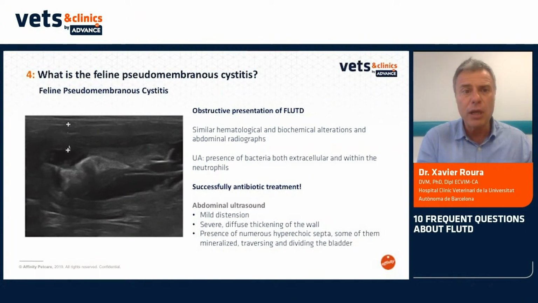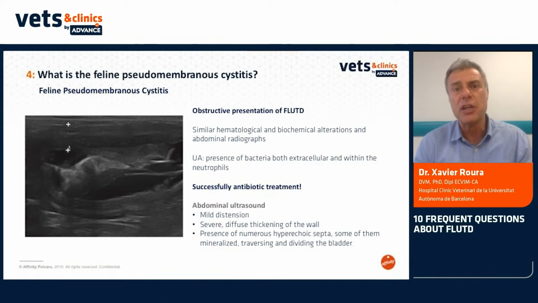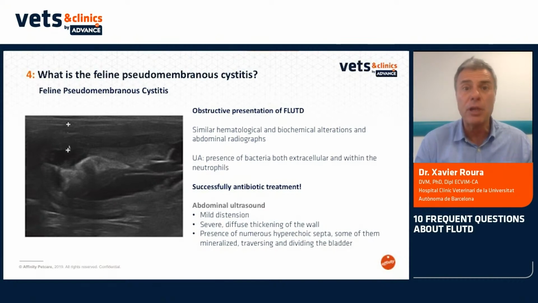just with abdominal ultrasound. So in young cats with this kind of presentation, especially if there is obstruction with presentation of feline lower urinary tract disease, perhaps not only a radiography is necessary. Sometimes it could be important to do this kind of abdominal ultrasound in order to find this alteration.